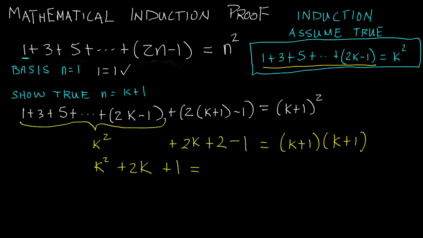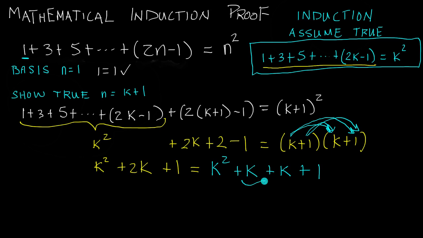For the right-hand side now, we have k times k, which gives us k squared. Then we have k times 1, which gives us a positive k. And then we have 1 times k, which is a positive k as well. And then we have 1 times 1, which is equal to 1.